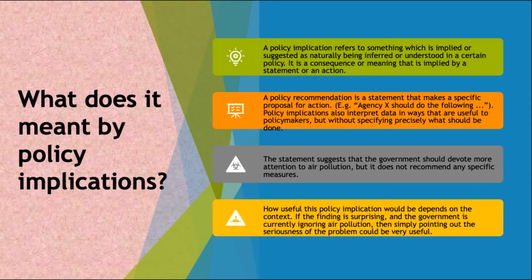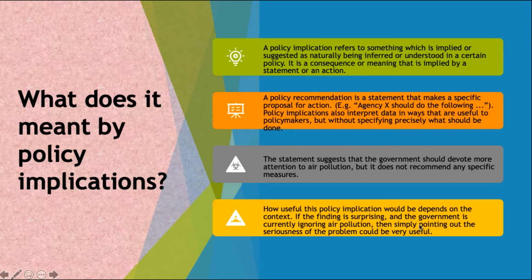The statement suggests that the government, for example, should devote more attention to air pollution, but it does not recommend any specific measures. How useful this policy implication would be depends on the context. If the finding is surprising and the government is currently ignoring air pollution, then simply pointing out the seriousness of the problem could be very useful.